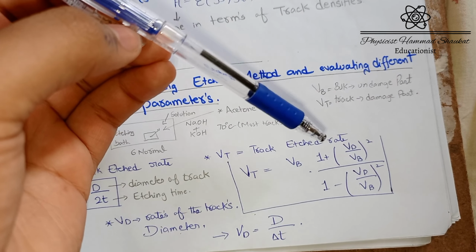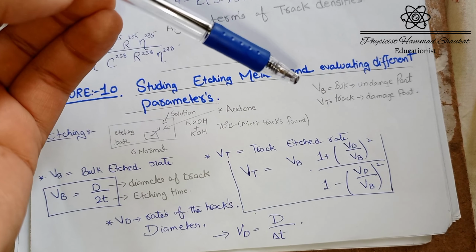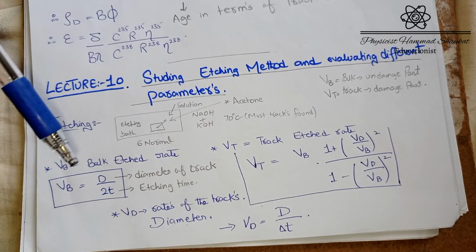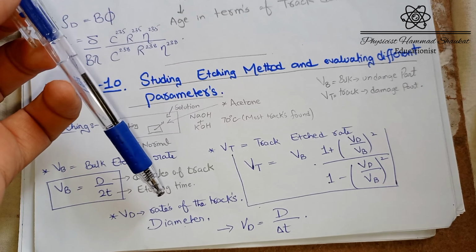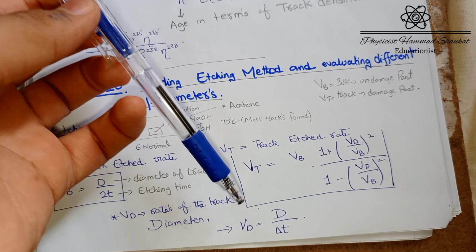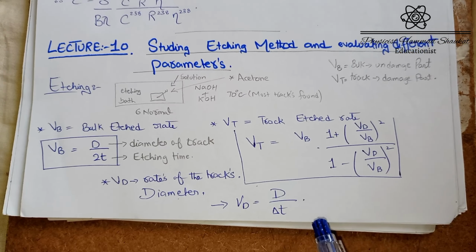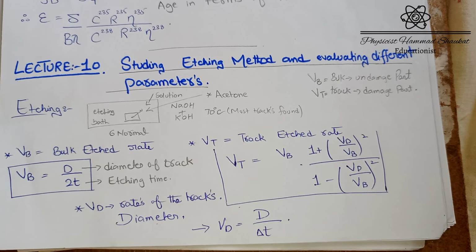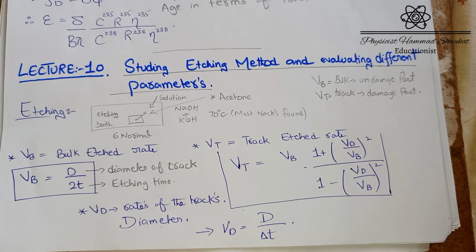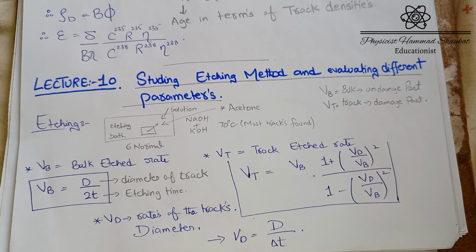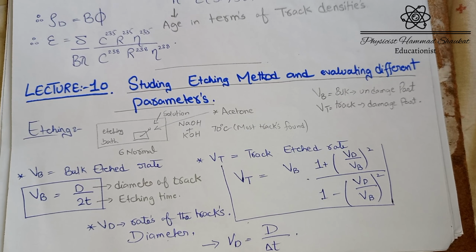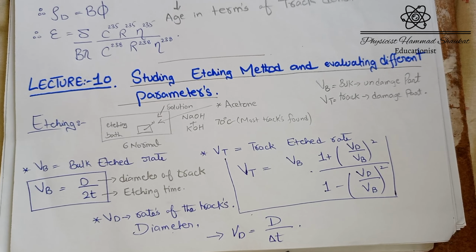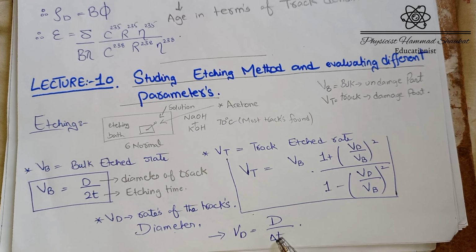Here Vb is again the bulk etch rate, whereas Vd is the rate of track diameter growth, Vd equals d by t. This can be calculated from the slope, Vd equals del d divided by del t, between the track diameter and the etching time.